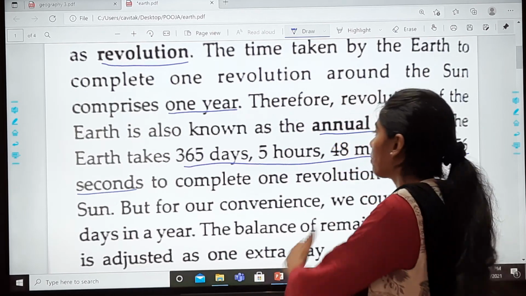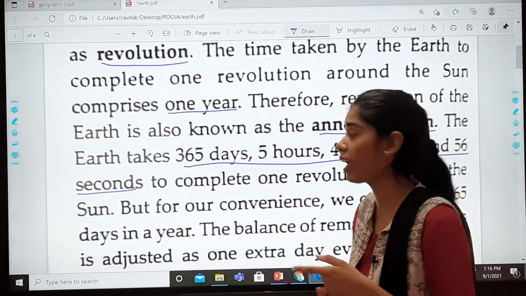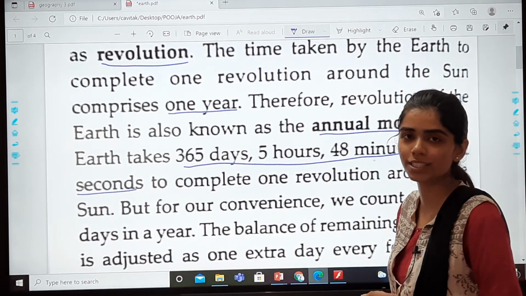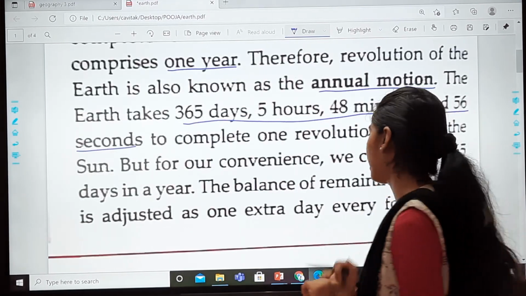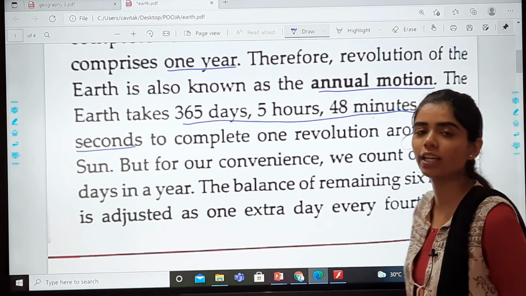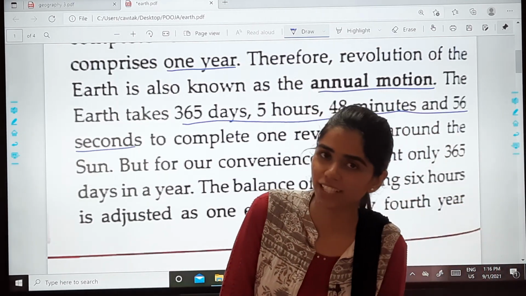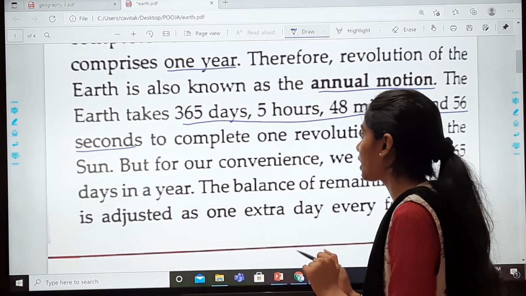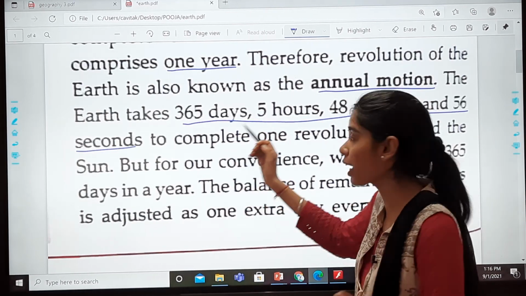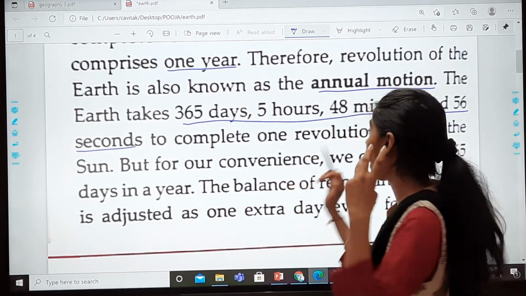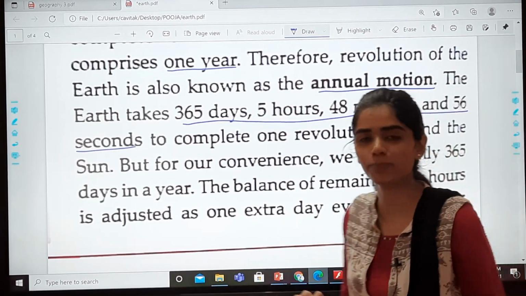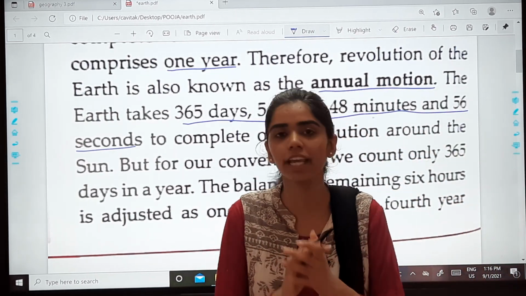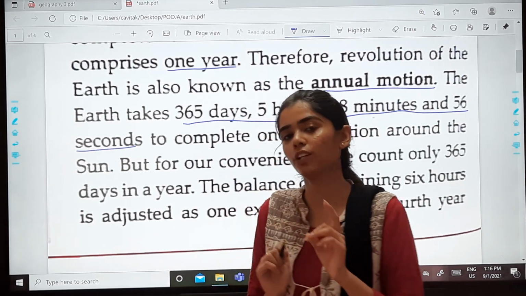Now I know this is a very big figure to remember, days, hours, minutes, but for our convenience, we count only 365 days in a year. Is it clear what they did? See, it takes 365 days, 5 hours, 48 minutes and 56 seconds to complete one revolution.